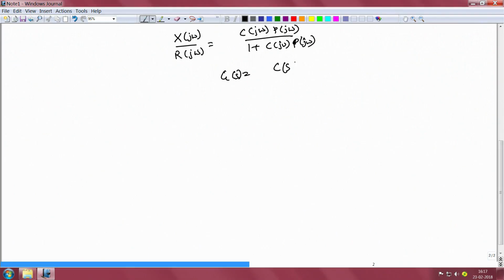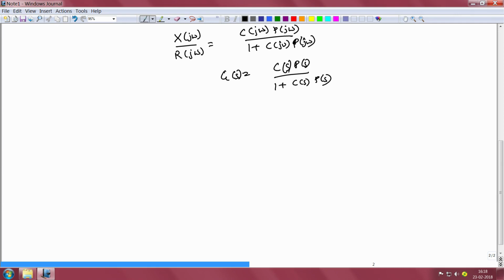But as far as stability objectives are concerned, it is useful to come back to the Laplace domain, in which case we would have the transfer function G(s) equal to C(s)P(s) divided by 1 plus C(s)P(s). Now one has to determine the stability of this transfer function.